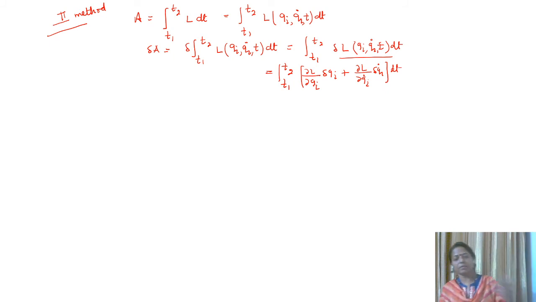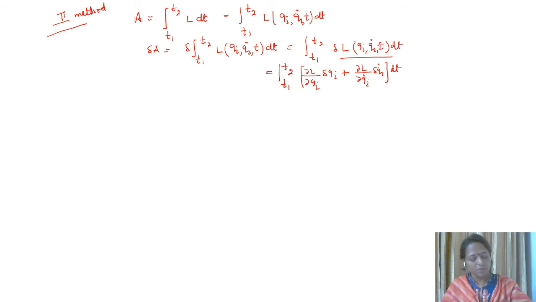Now again adopt the same process as we adopted in the first method, and you will get finally the Lagrange equation of motion. So you can also proceed by considering this much. So this is all about derivation of the Euler-Lagrange equation of motion by Hamilton's principle.